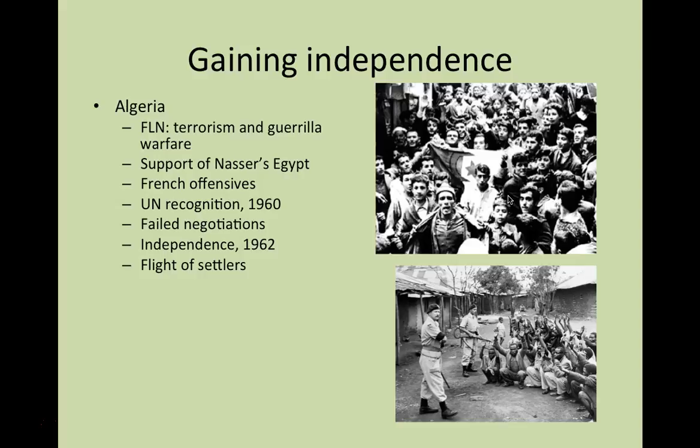The main party pressing for independence was the Front de Libération Nationale, the FLN for short, and it waged a campaign of terrorism initially, and guerrilla warfare over the long run. So in the early 1950s, leaders of the FLN, including Ahmad Ben Bella, who ended up being kind of the main leader of the movement, committed acts of terrorism against French settler targets.